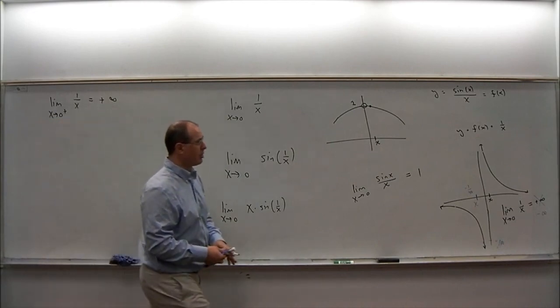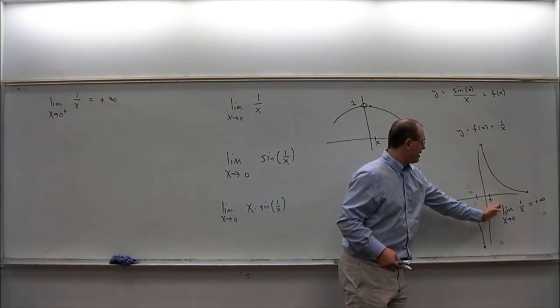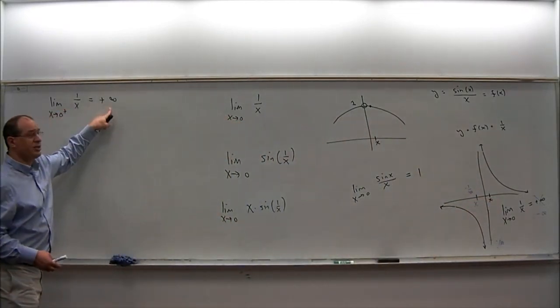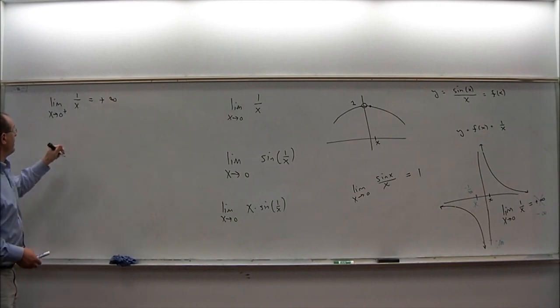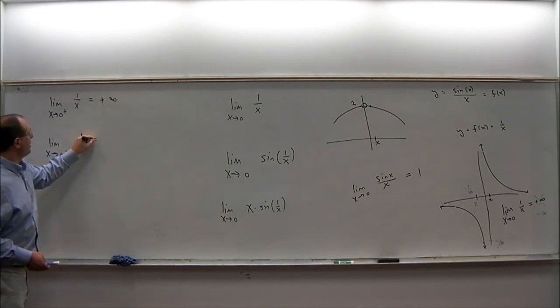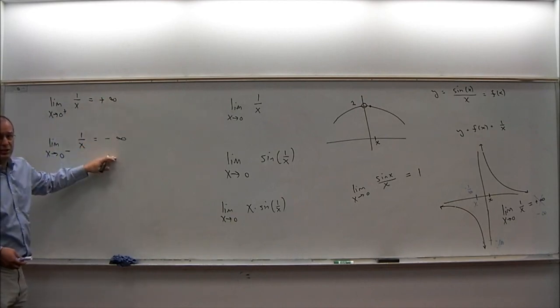So that means we're looking at the first situation here. x is on the right side of 0, and in that case, the argument gave us plus infinity. And for the other side, the limit as x approaches 0 from the left of 1 over x is negative infinity. So the left-hand limit is negative infinity, the right-hand limit is plus infinity, and these are very different answers.